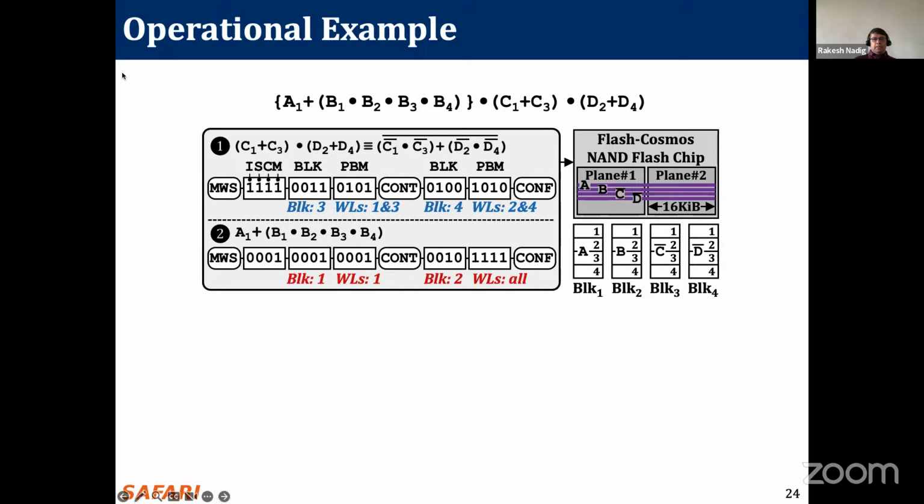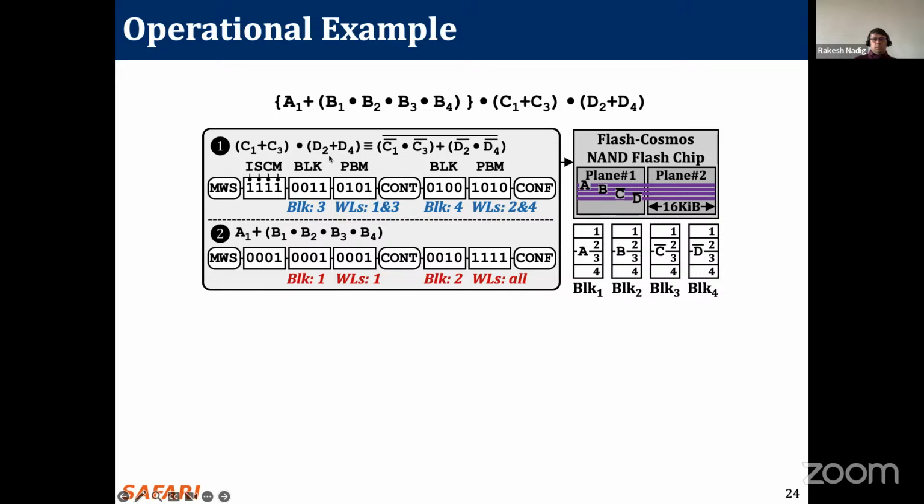To do that, we convert this part of the equation into bitwise AND operations. If we need to use bitwise AND instead of OR for C1 and C3, then we need to store the inverse value of C1 and C3, and similarly with D2 and D4.